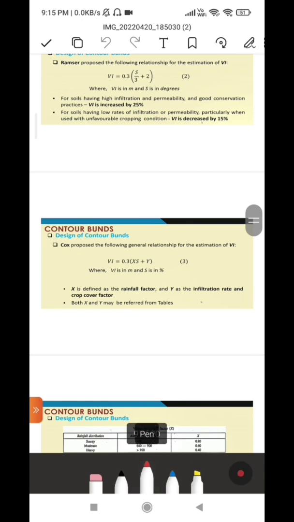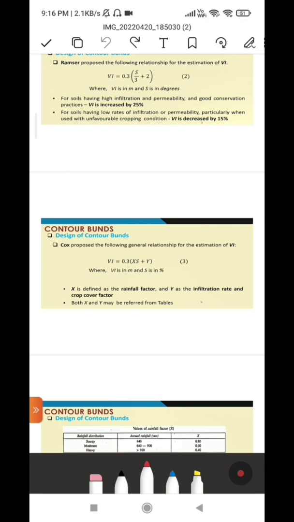This would be the most popular one, given by Cox. This is the most widely used to calculate the vertical interval. In this, the vertical interval equals 0.3 into x into s plus y.